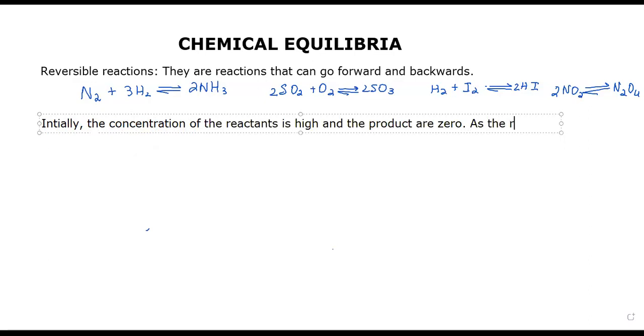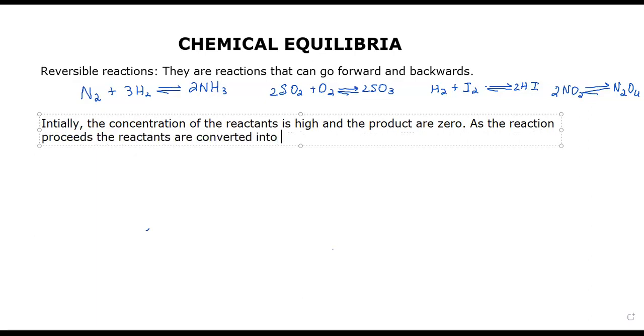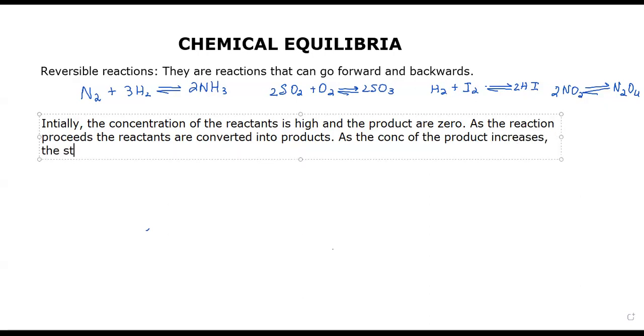As the reaction proceeds, the reactants are converted into products. As the concentration of the product increases, they start to turn back into reactant.